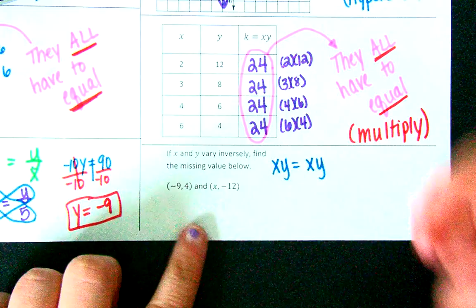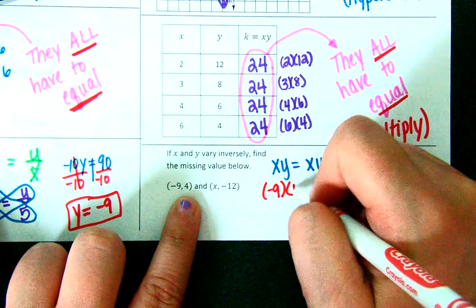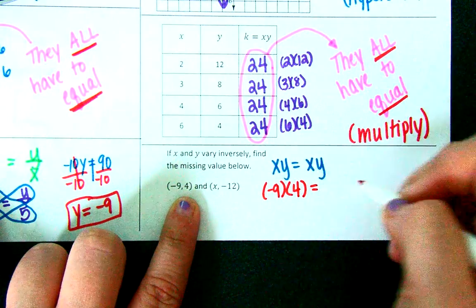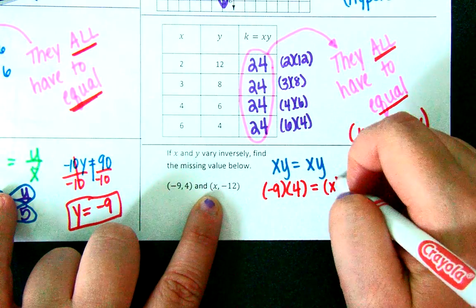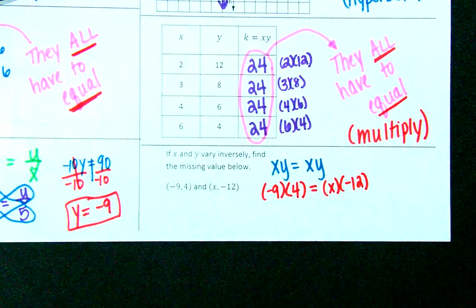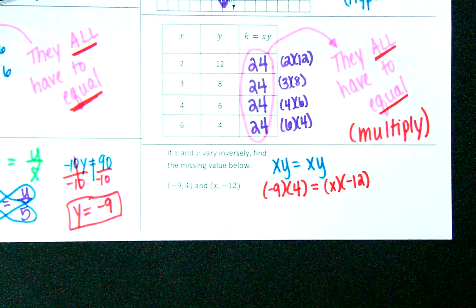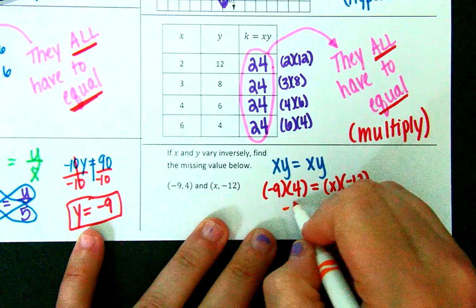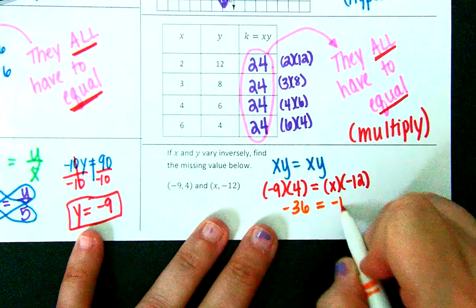So my x value on my first point is -9 times my y value, which is 4, equals, my x value here is unknown, times my y value, which is -12. So now just solve. What's -9 times 4? -36 equals, what's x times -12? -12x.